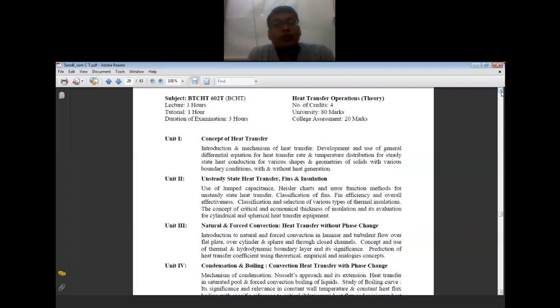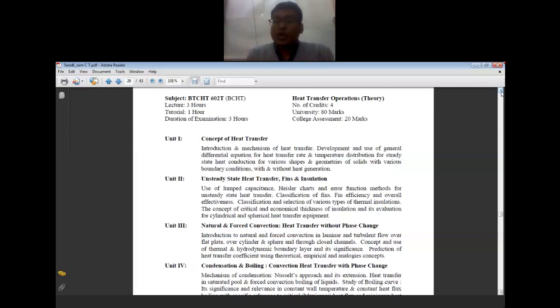This is what we have talked about related to the slab. Similarly, we are going to discuss the cylinder and the sphere also. That means, for a cylinder, I am going to supply heat on one side or from the inner surface also, and what will be the temperature distribution.